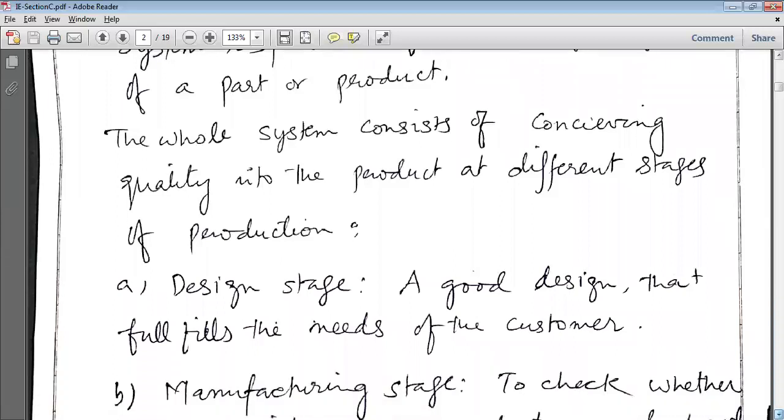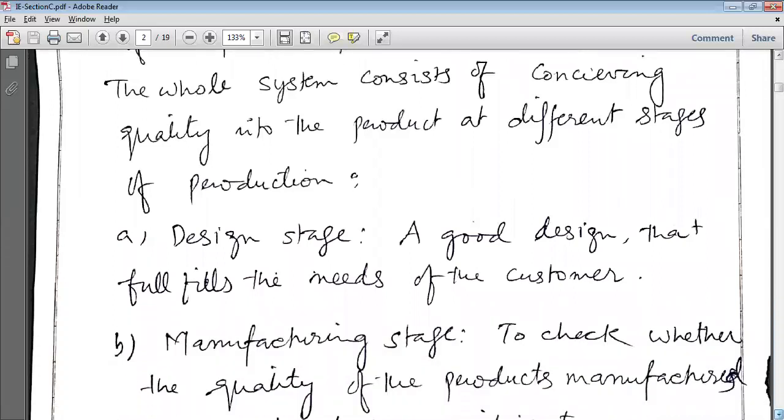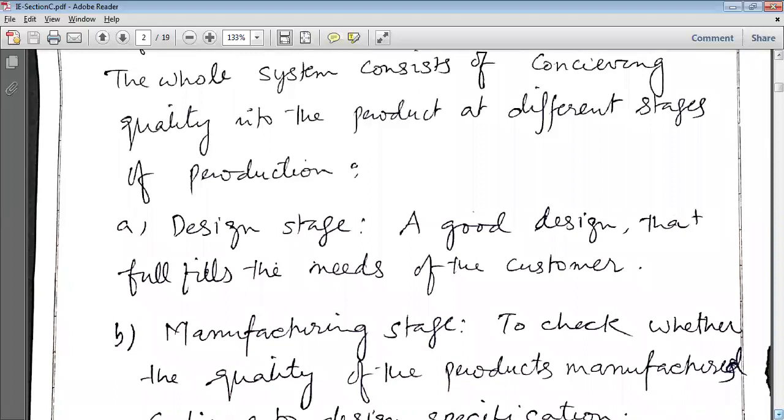Then what are the different stages when the quality is built? First of all, the design stage. As we know, the design stage is the first step of the product to be produced. So initially we design a part. The design should be so good that it does not produce bad quality. So 90% of quality is infused when the design is made.